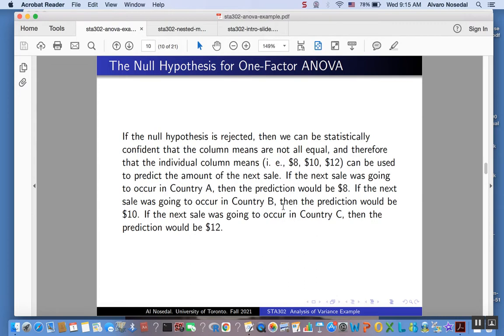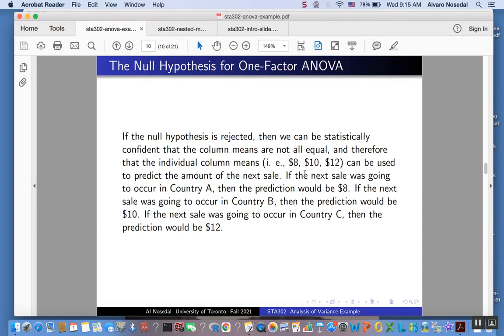If we reject it, that is telling us that the information about country is relevant, and then what we're going to be using is the average from sales that took place in the particular country that we're going to be predicting the next sale of.